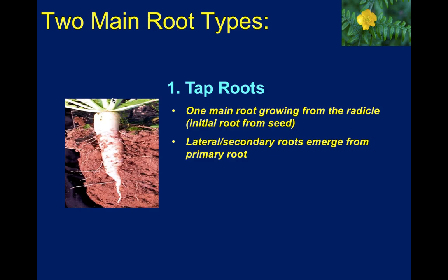So the main identification for your taproot is the fact that there's one main root growing from your radical and secondary roots emerge. So these are the secondary roots over here. If you have posh carrots, you might not be able to see it, but if you have any of the little hairy bits still on your carrot, then they are your secondary roots, and this here is your primary root.